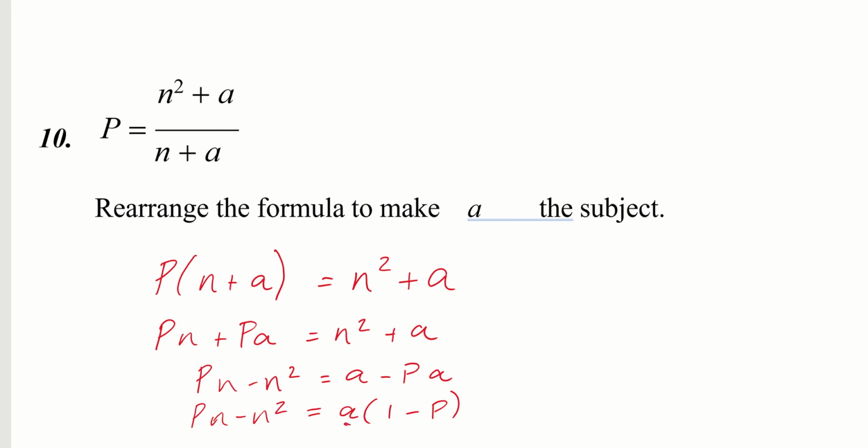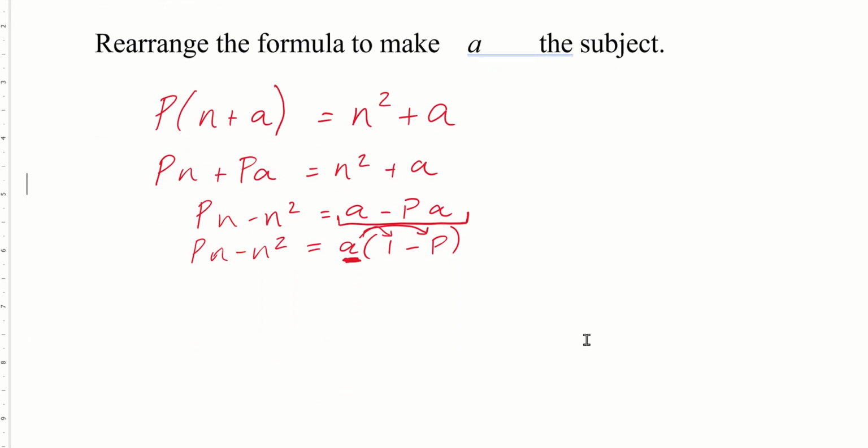So when I factorize this A out, just keep thinking, when I expand it, I need to get back to what this is here. So if you do get stuck on your factorizing step, just keep thinking, well, when I expand, would I get back to what I needed? All right, last step. A to be on its own, we need to take it to the other side. Now we've got A as the subject.